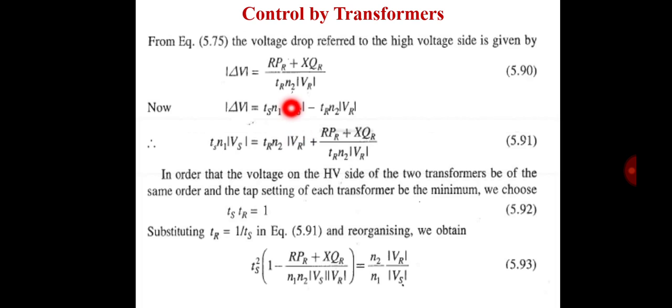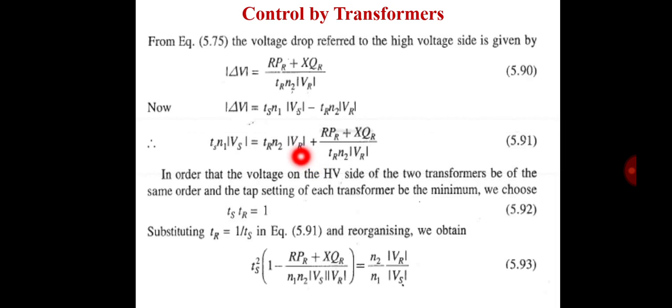So here is the sending end voltage and here is the receiving end voltage. Now put the value TS N1 Vs equal to TR N2 VR plus (R PR plus X QR) divided by TR N2 VR.